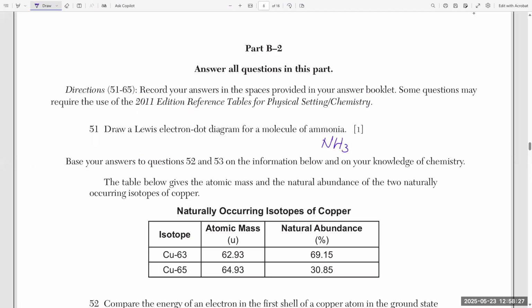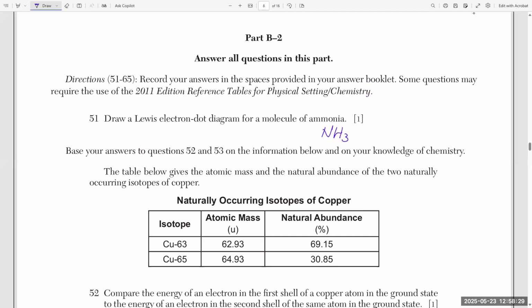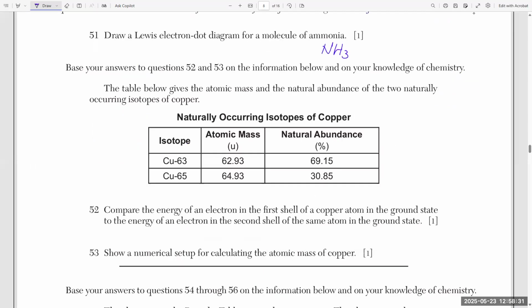Next question. It says the table below gives the atomic mass and natural abundance of the 2 naturally occurring isotopes of copper. Compare the energy of an electron in the first shell of copper in the ground state to the energy of an electron in the second shell.